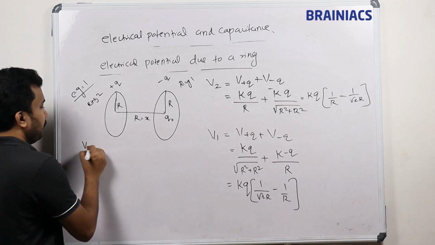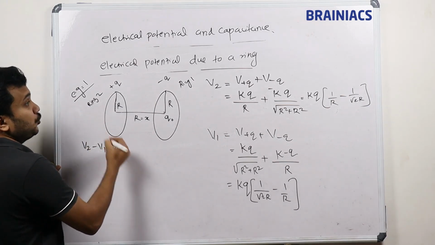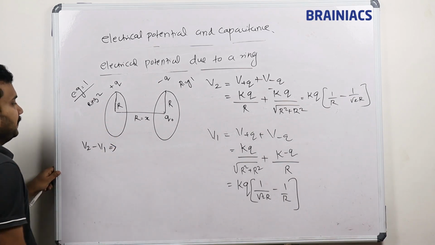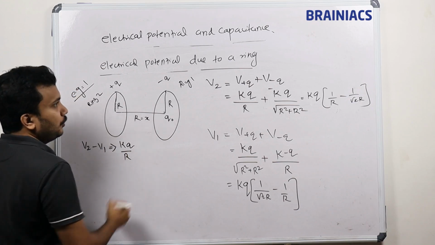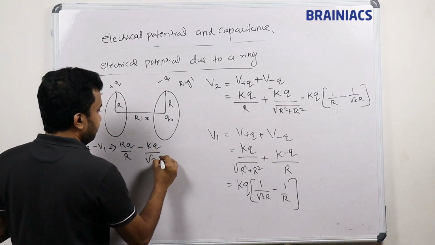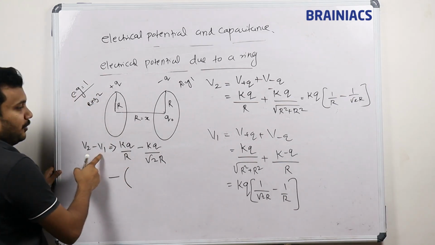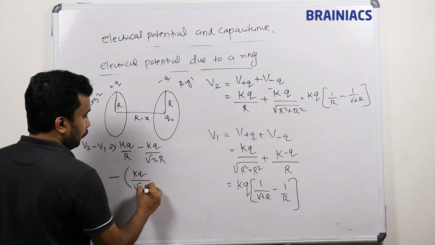Now we have to find the potential, as we are moving from 1 to 2, right? So we are going to find V2 minus V1 first. V2 we will expand: kq divided by r minus kq divided by root 2 r, and minus V1. V1 means kq divided by root 2 r.